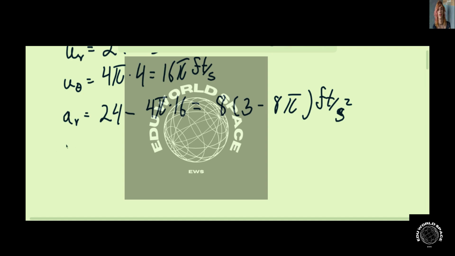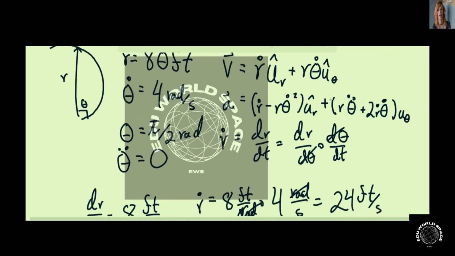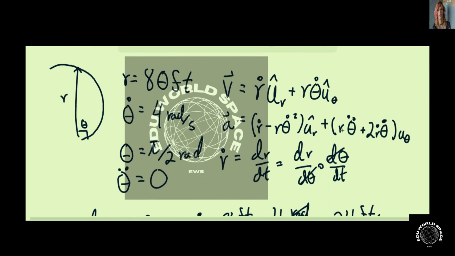And for the theta component, the transverse component, this is going to be r times theta double dot, which is 0, plus 2 times r dot times theta dot.